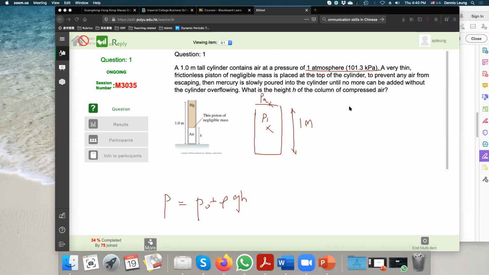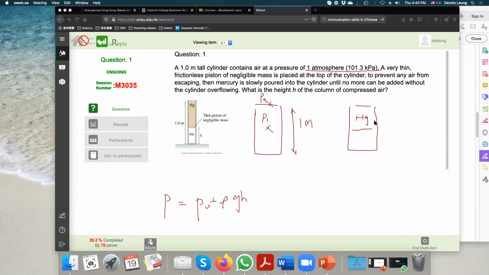And then you are compressing a gas, not by your hand, but with some mercury, Hg. So you try to pour in more and more of the mercury until at a certain point, when you keep on pouring the mercury, it just overflows.